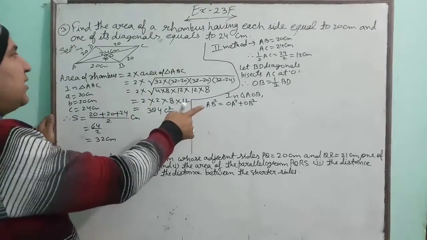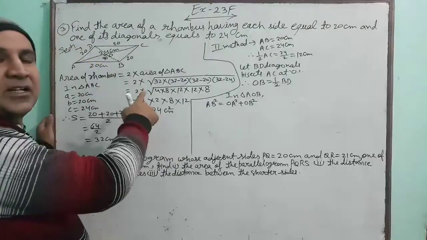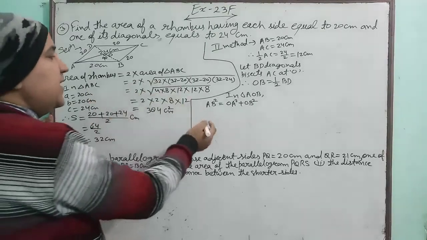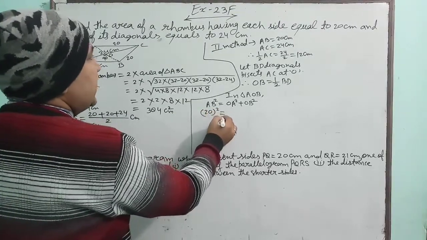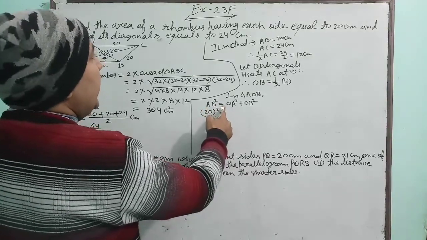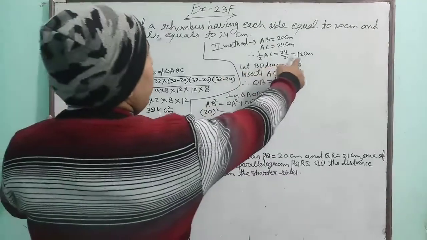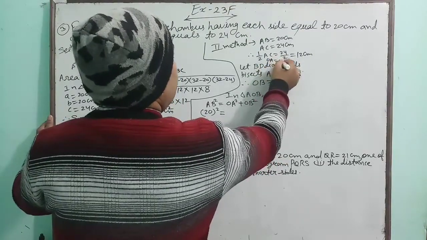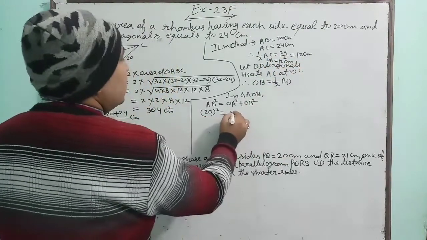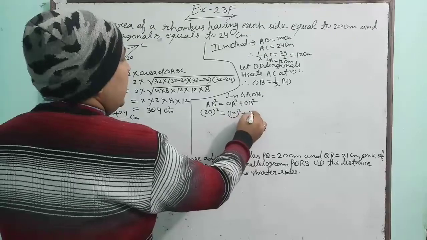With the help of Pythagoras theorem, we can find the second diagonal of the rhombus. See how. AB is given 20, so this is 20 square. OA is 12. Half of AC is equal to OA. So OA is 12 centimeter, means this is 12 square.